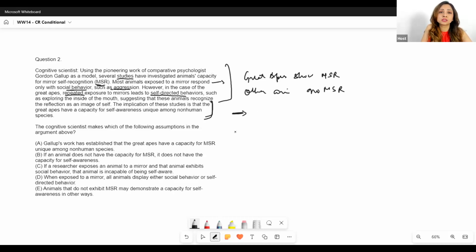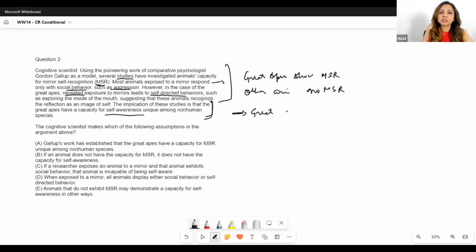What is the conclusion here then? Great apes have a capacity for self-awareness. Now, that's not the same as self-recognition in a mirror, right? We are concluding that the great apes have self-awareness.